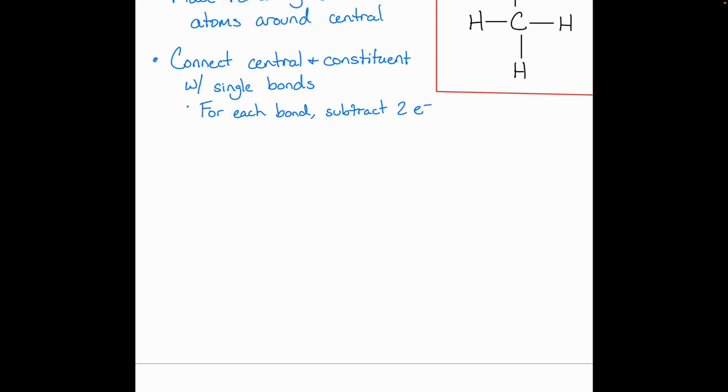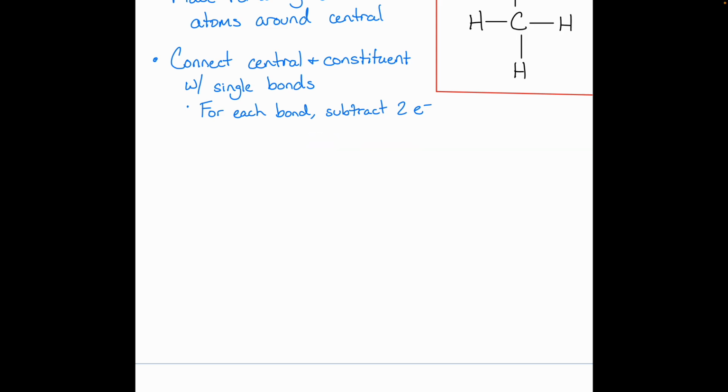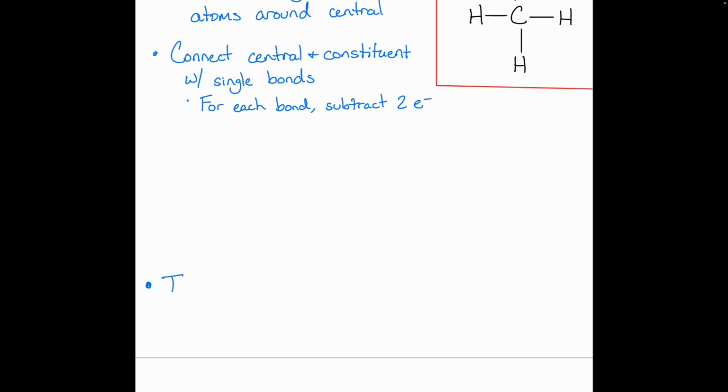All right. The last step that we're going to do, we don't have any more electrons left over. I'm going to leave some space right here, though, because I'm going to complicate things in a second. But we have always the same last step, which is to ask ourselves, is everybody happy? And what do I mean by happy?